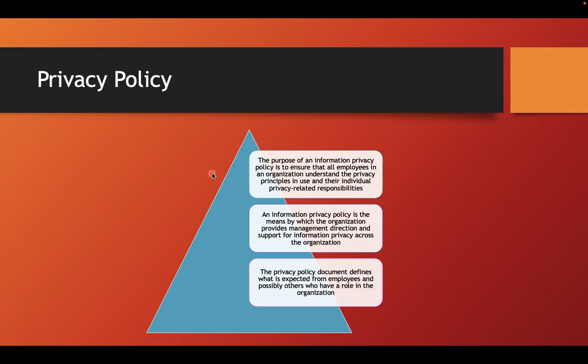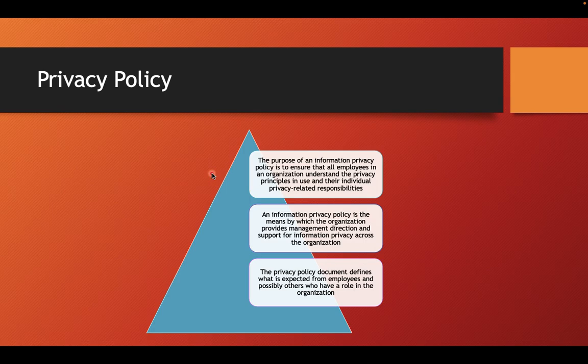We said the purpose of this information privacy policy is to ensure that all the employees in the organization understand the privacy principles in use where they work, so that they will be able to implement and also stay within the limit of what is allowable in the framework or policies of these privacies, and their individual privacy related responsibility.